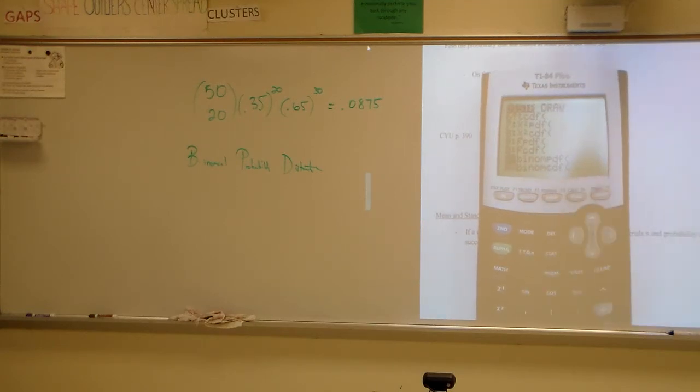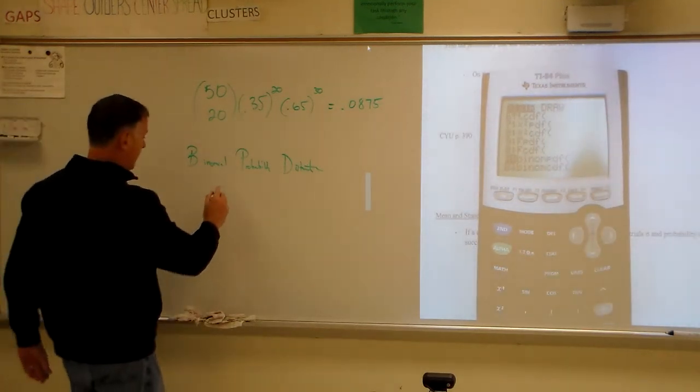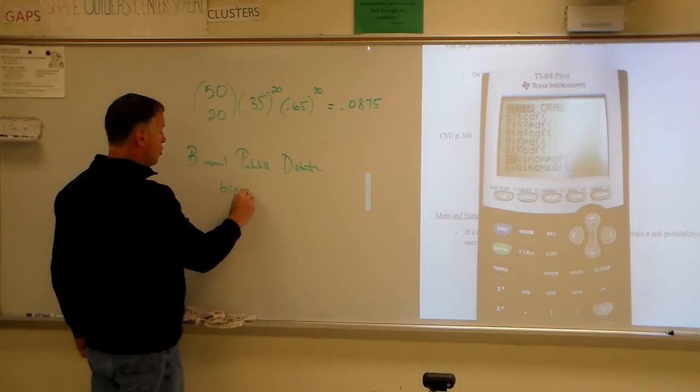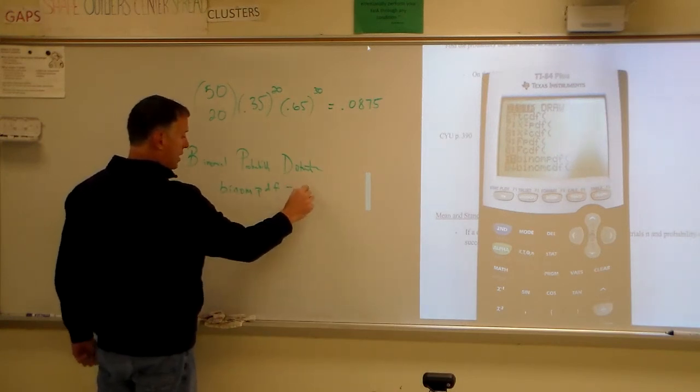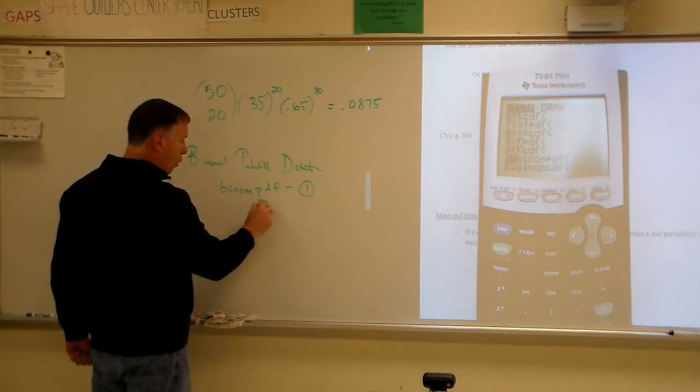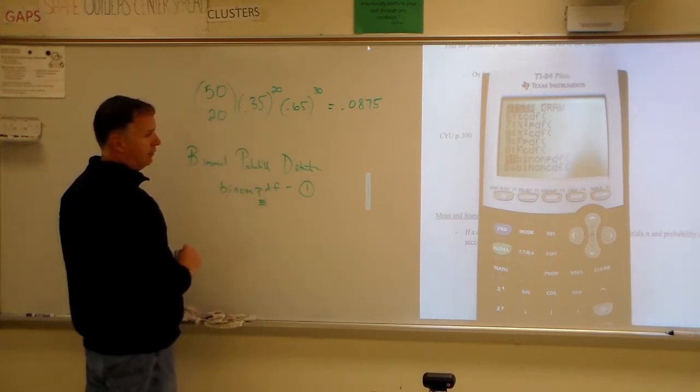We're going to do binomial PDF. I'll explain why in a little bit. Binom PDF. When you're looking for exactly one value, it's PDF.